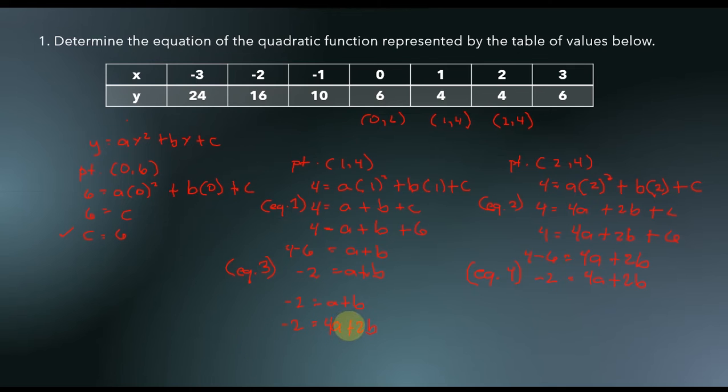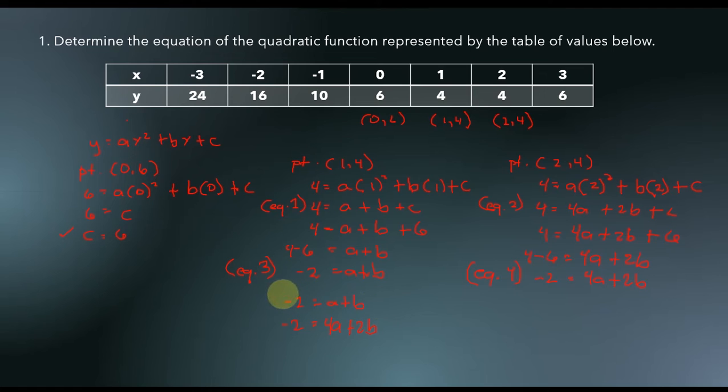To eliminate some values here, we need to multiply equation 3 by a number so that we can eliminate either a or b. I'll be eliminating b, so I need to multiply equation 3 by 2. So I could have a 2b in equation 3.